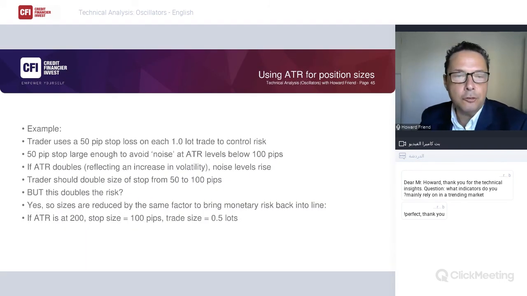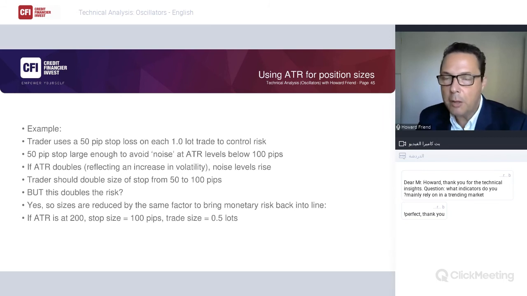So just to talk again about position size, how one could use ATR for position size. Let's say that typically you're using a 50 pip stop on a one lot trade to control your risk. A 50 pip stop is large enough to avoid the noise if ATR levels are, say, 100 pips and below.